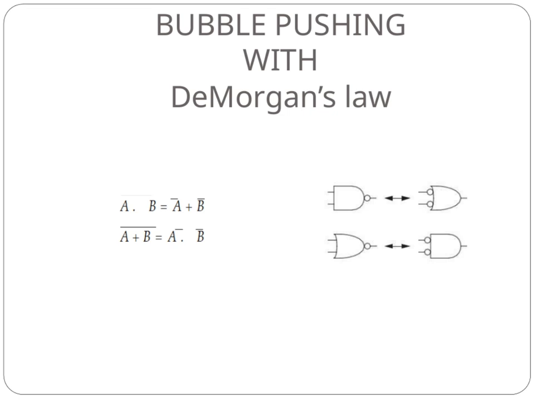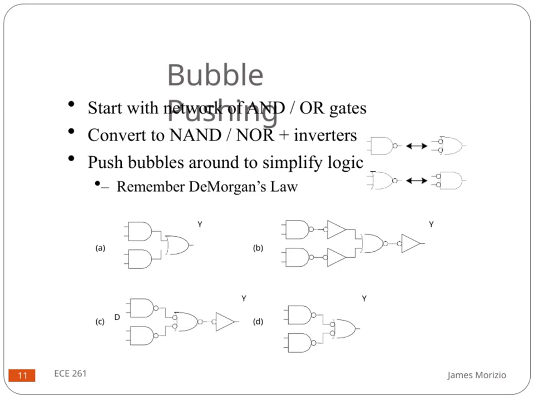Here we're focusing on the technique called bubble pushing. It all starts with a network made up of AND and OR gates. The first step is to convert this network into one that uses only NAND or NOR gates along with inverters. Once that's done, we can push the bubbles, those inversion symbols, through the circuit.